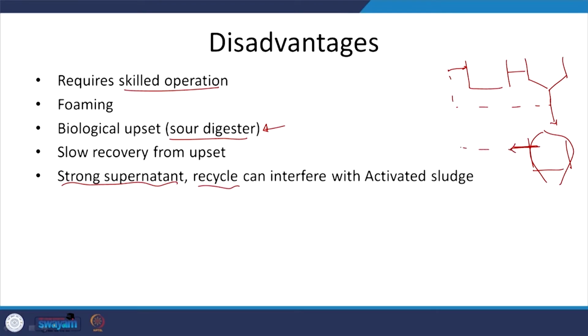If you put this supernatant back up here, right, again it is all about mass balance, how much organics are coming in and so on and so forth. Because it is such high strength supernatant, it can interfere with the activated sludge process if you have not designed well.